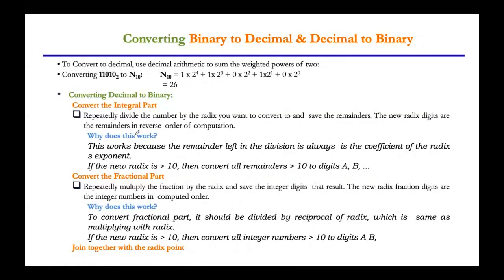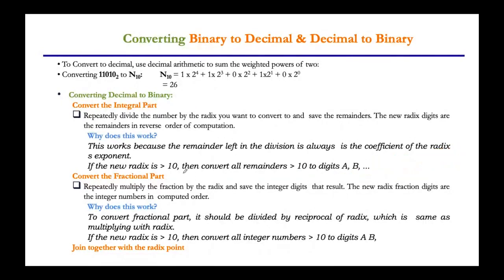The new radix digits are the remainders in reverse order of computation. And if the new radix is greater than 10, for example 16, then convert all the remainders greater than 10 to the digits A, B, C, D, E, and F.